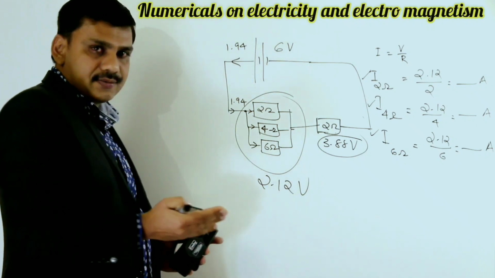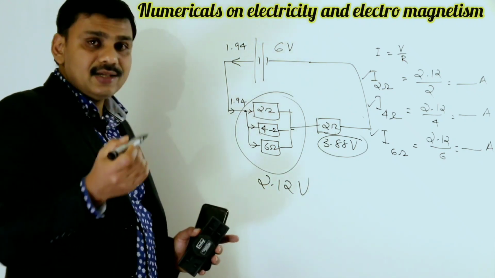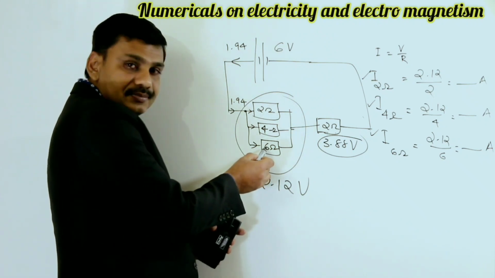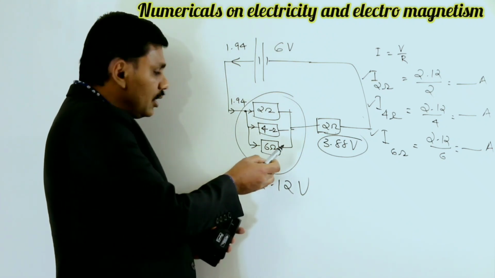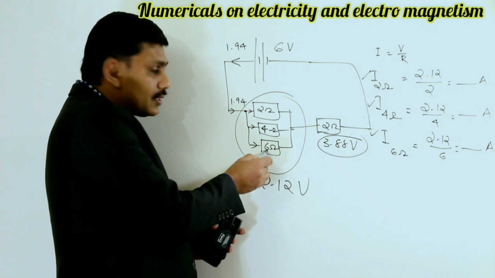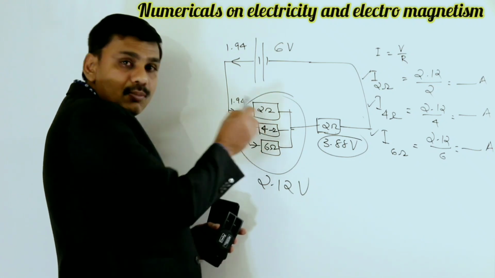Then you can be asked which has more current. That you can easily calculate. If the resistance is high, the current will be less. So along 6 ohm the current will be less, and through 2 ohm the current will be more.